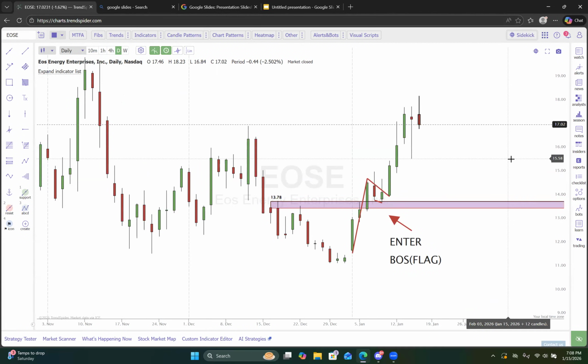Okay. Here's the thing. This could still be a bull flag, right? Am I talking about this bull flag or which one are you talking about up here? Which one are you talking about? This one? How do I know that this is going to go up versus down? Wait, hold on. Wait, who asked that?